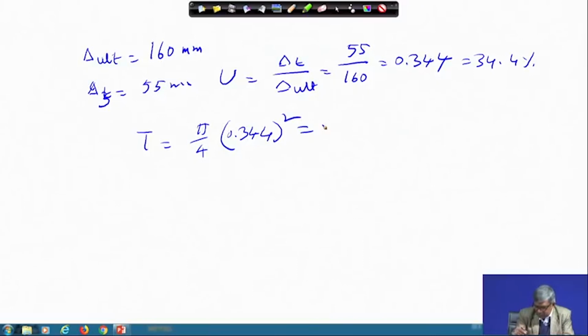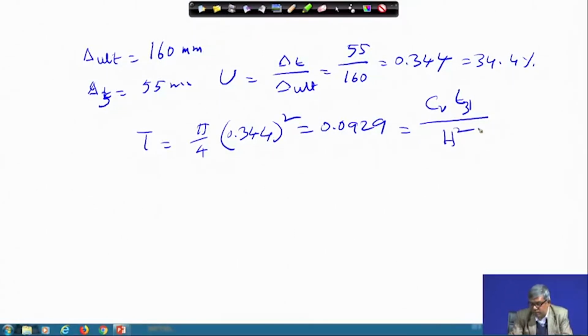This gives you 0.0929, and that is equal to C V T 3, for 3 years, divided by H squared. So, from here I can get C V equal to 0.0929 into H squared divided by T 3, that is 3 years.